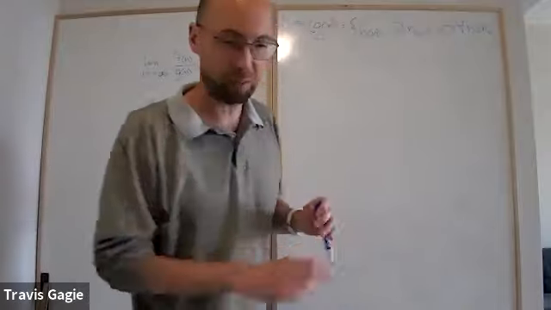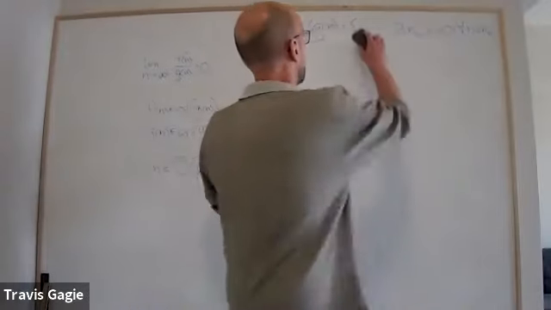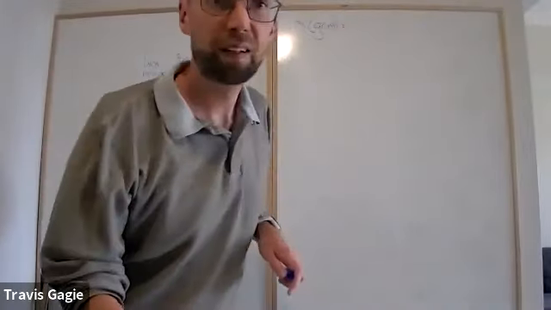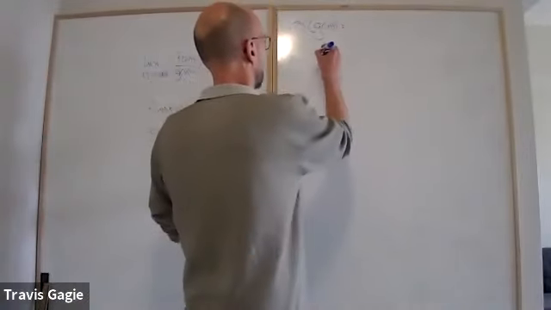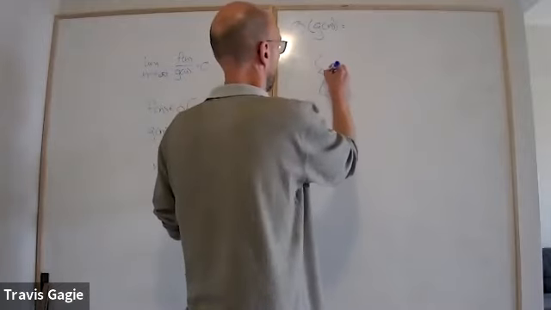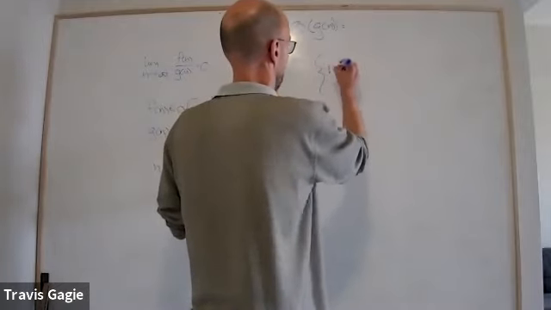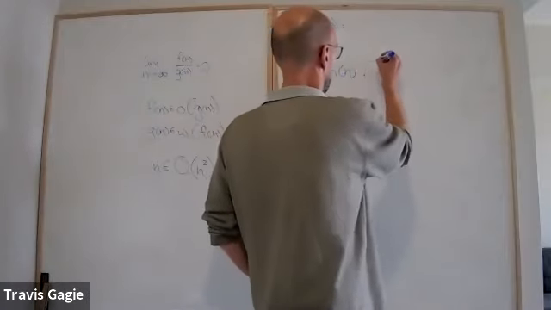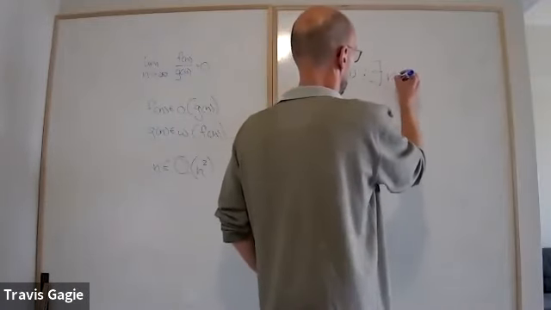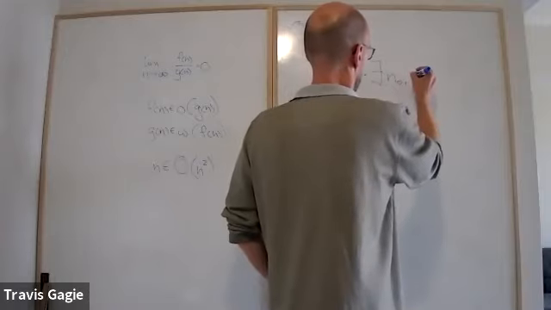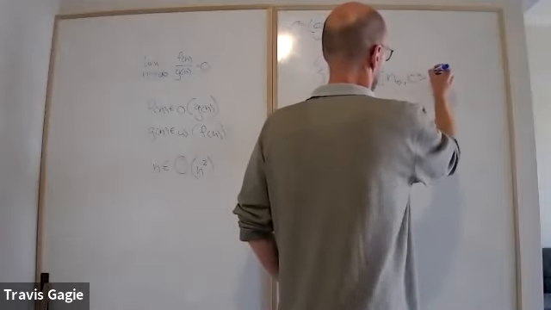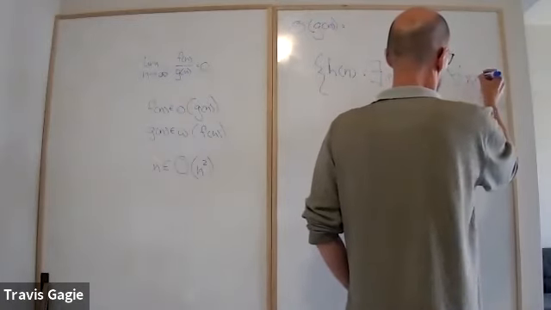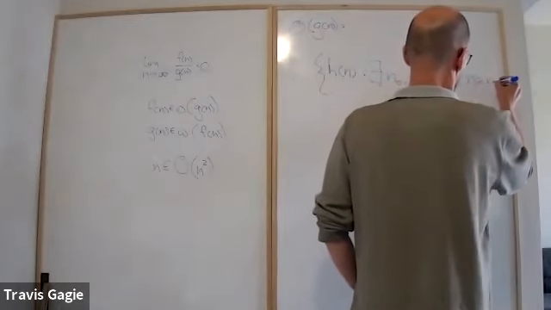Let's make it bigger. h of n: there exists an n0 and c greater than 0, such that for all n greater than or equal to n0.